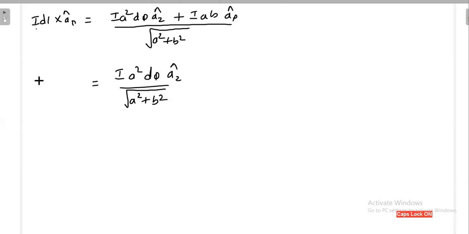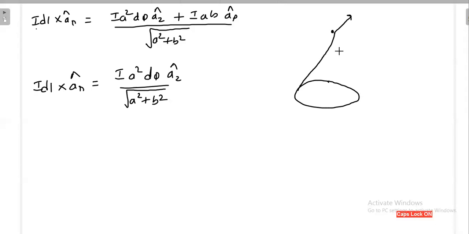Why? Because the final answer depends only on a_z cap. It will not depend on a_ρ cap. The reason is, if you are observing the effect here, suppose some line is coming in this way, it will have field in this direction, and again some field is coming in this way, it will have field in this direction, and effectively it will have a vertical component and a horizontal component like this.